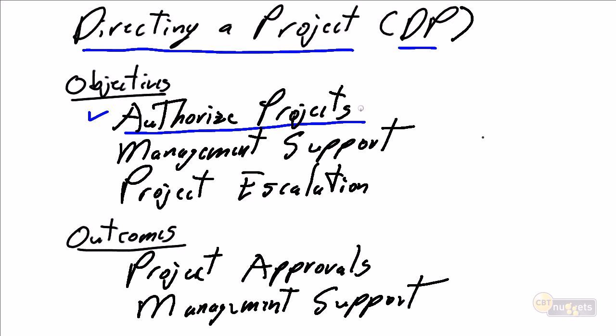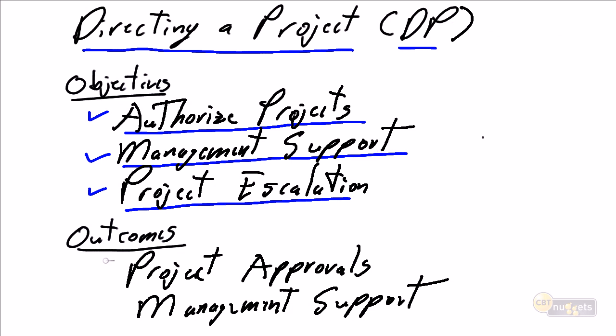If you think back to the model that we looked at, this is the one process that goes across the top, continuous throughout the entire Prince2 project management lifecycle, where we have senior management engaged in our project to authorize our projects, to provide the required management support so that we have an escalation point when things are going wrong in our project and we need to enlist senior management support. And they are there, as said, for project escalation and for general project support.